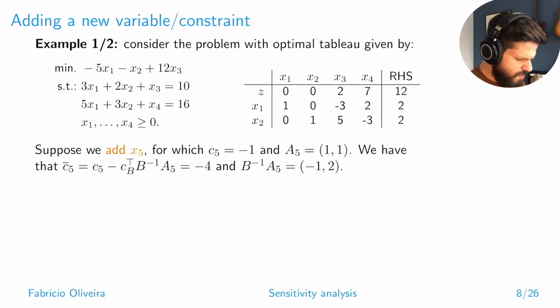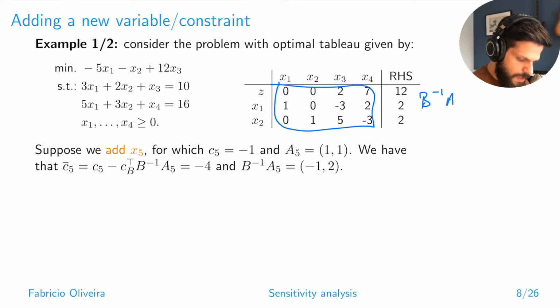So just one thing when you're using tableaus: because my original variables x3 and x4 had associated with them an identity matrix, and this whole thing here is B minus 1 A, that means that this is B minus 1.